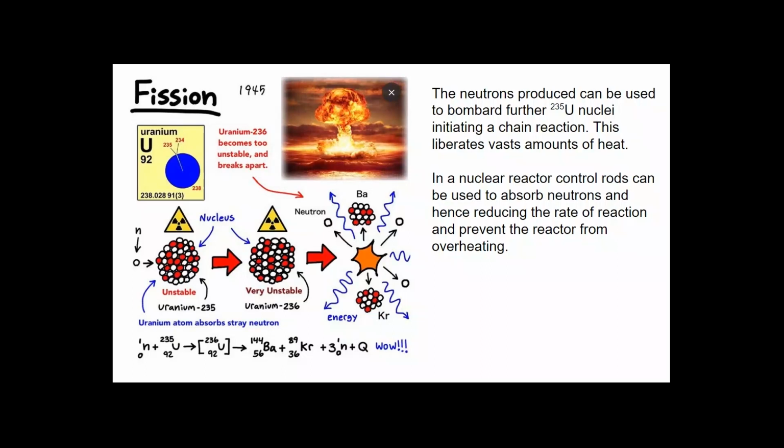So as I said, the neutrons produced can be used to bombard further 235 nuclei, initiating a chain reaction, and this liberates vast amounts of heat. In the nuclear reaction, control rods can be used to absorb neutrons, which reduces the rate of reaction and prevents the reactor from overheating.